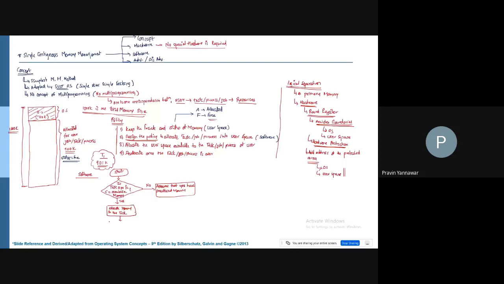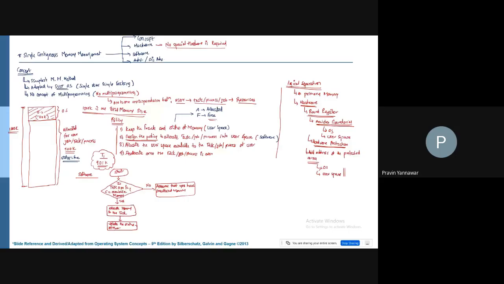Next, update the status of memory, and next is release memory upon use. This is the agreement, right? So release the memory upon use.